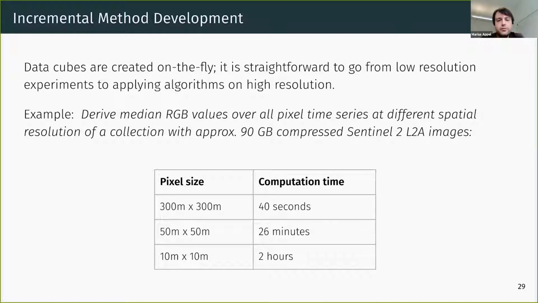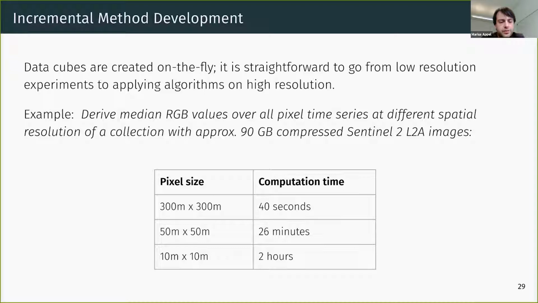But then in the end, if you played around a bit and want to really evaluate the model or the method on higher resolution, it's very easy to change this, because you then just need to change the data cube view and only the data cube duration parameters, so spatial resolution, only changing one number, and then apply your script again. And then this, of course, needs some more time.